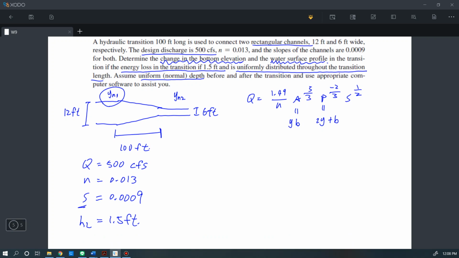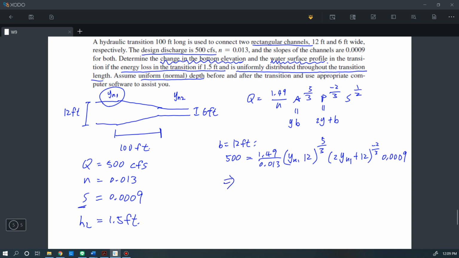So for the wider channel, where b is equal to 12 feet, we plug in the numbers: the flow rate 500 is equal to 1.49 divided by 0.013, which is n, times b, which is 12 feet, to the power of 5 over 3, times the wetted perimeter, 2 times yn1 plus 12, and we have the slope 0.0009.